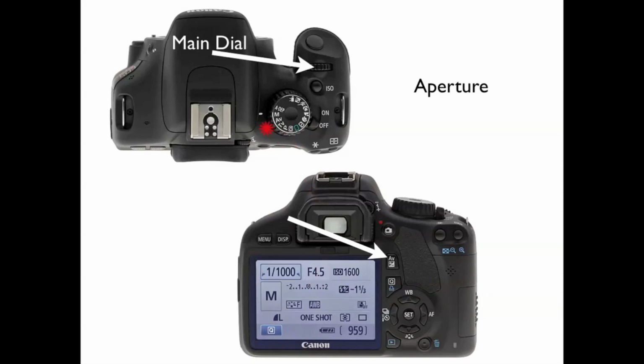If you're in manual mode, in full manual mode, both the aperture and the shutter speed have to share this dial. So at that point, in manual mode, you would push and hold down the AV button right here. Once you push and hold down that AV button, then you would turn the dial until you get your desired F number, your desired aperture.